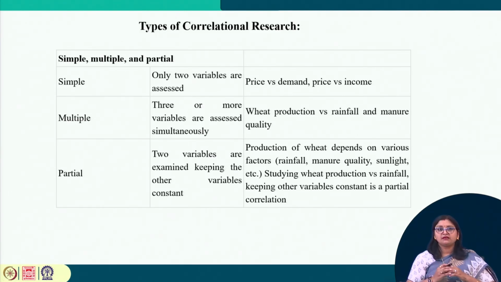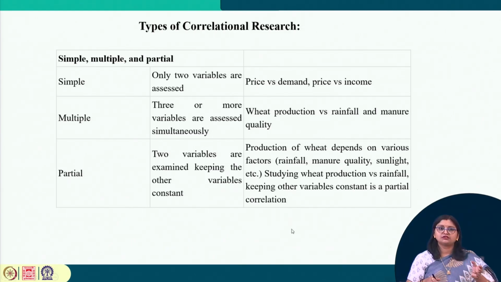Then the third type is simple, multiple and partial correlation. Simple correlation is correlation assessed between only two variables, like price versus demand, price versus income, etc. Multiple correlation is when three or more variables are assessed simultaneously, like wheat production versus rainfall versus manure quality, etc. In partial correlation, two variables are examined keeping the other variables constant. For example, wheat production depends on various factors like rainfall, manure quality, sunlight, fertilizers, etc., and studying wheat production versus rainfall while keeping the other variables constant is a partial correlation.